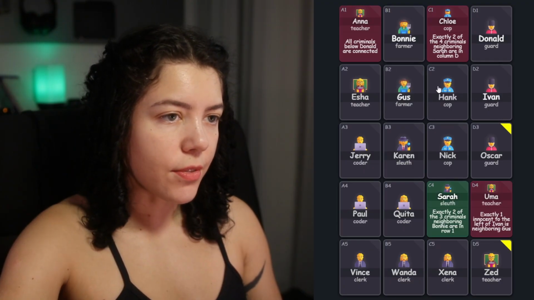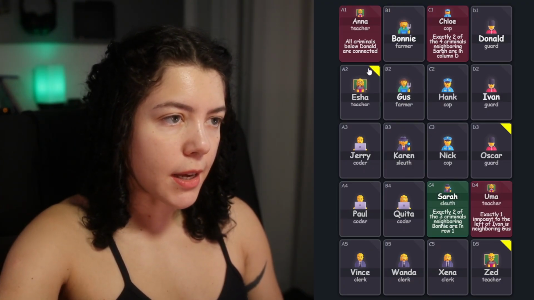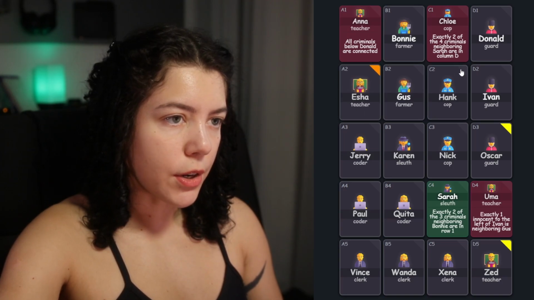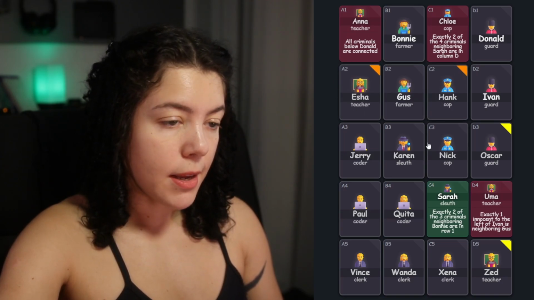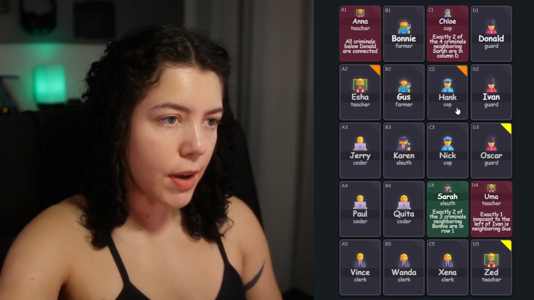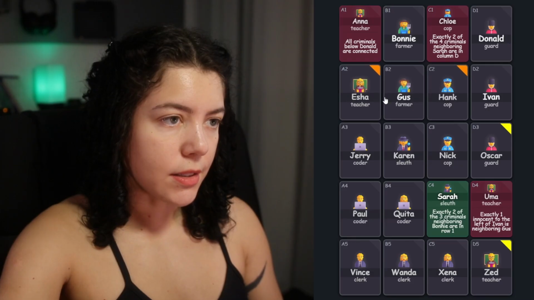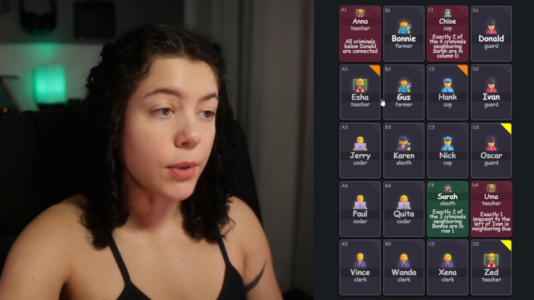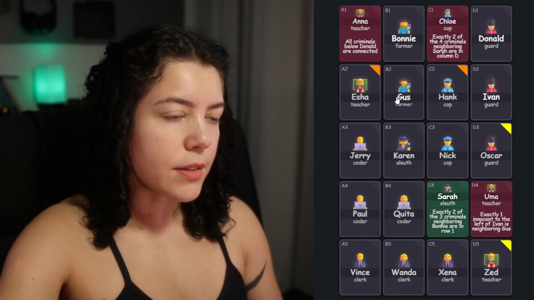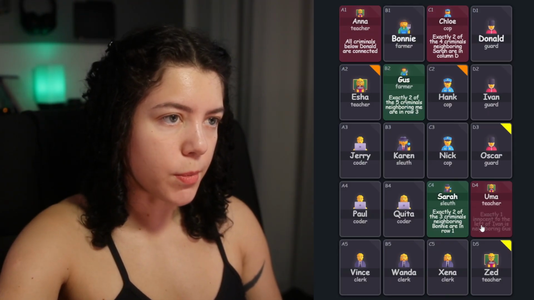Gus is to the left of Ivan as well. So that means that the people neighboring him are 1 a criminal, the other one an innocent, right? Because only 1 innocent neighbors Gus to the left of Ivan. So that means that we need a second innocent in this trio. So Gus now is the second innocent. We know that for sure, and we don't need Uma's clue anymore.